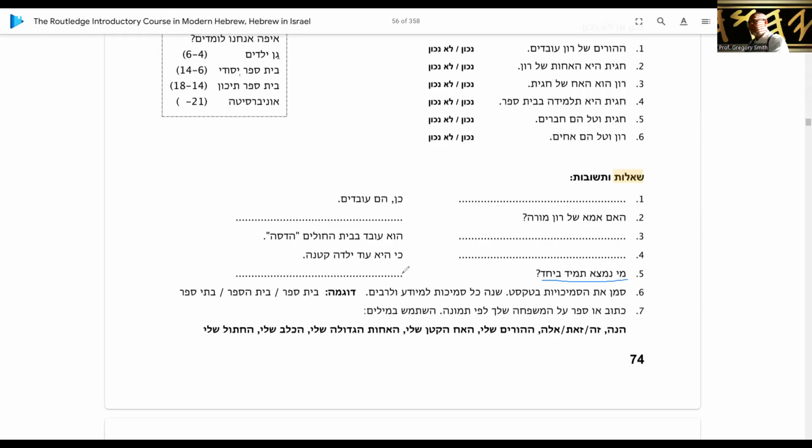Let's try that. Hagit veTal tamid beyachad. Yeah. Okay, Hagit and Tal are always together. That's right. Hagit veTal tamid beyachad.